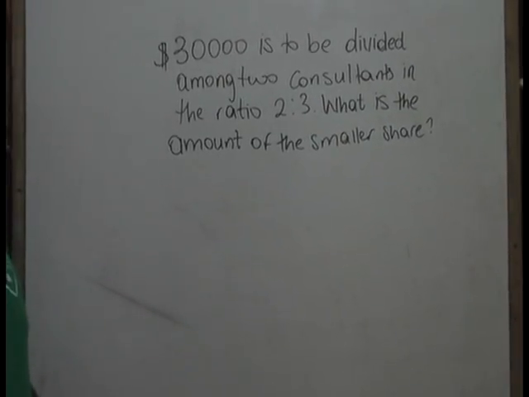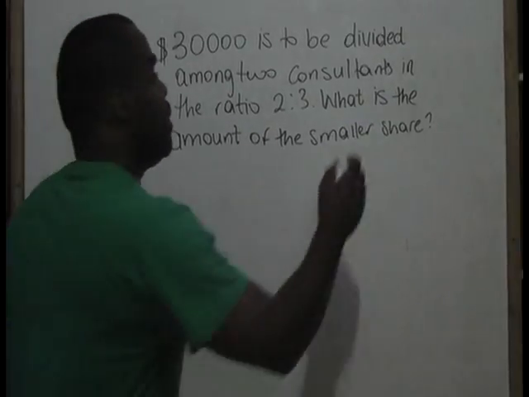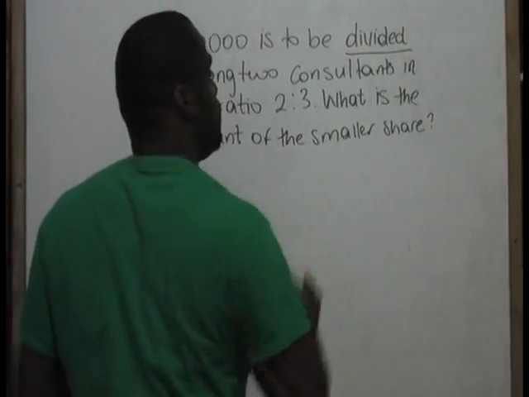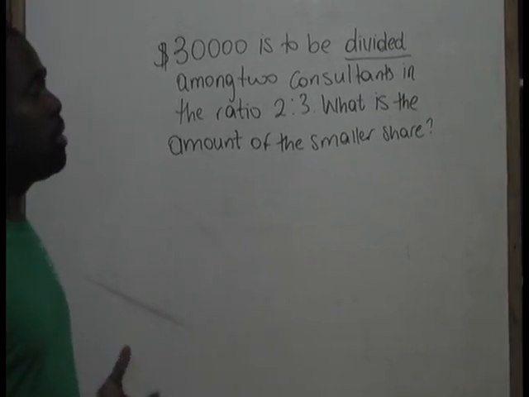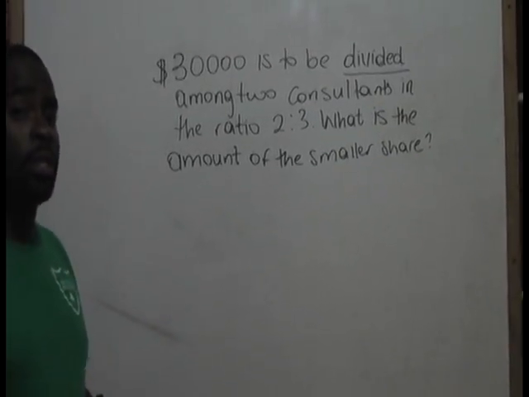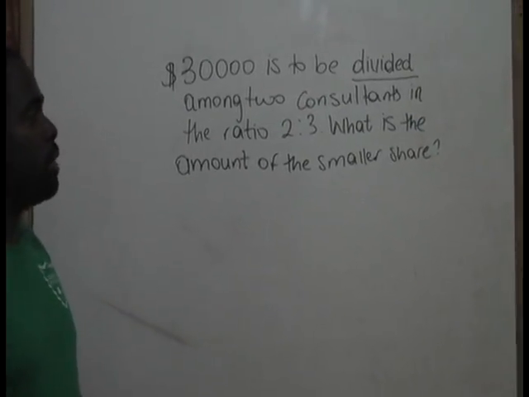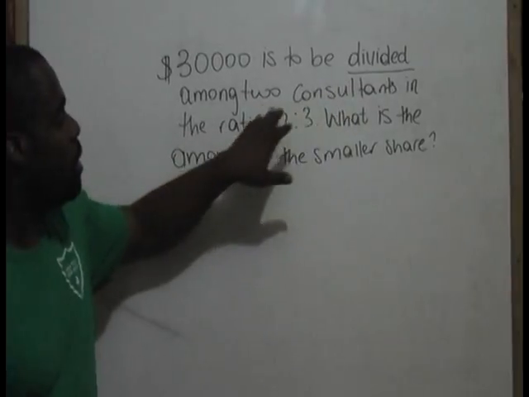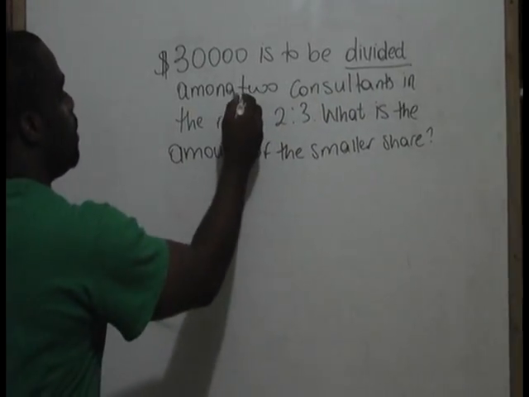problem. There are some familiar terms that you know in the problem. It is divided. You know what divided means, to divide, right? The first thing you're supposed to do is look for terms that you're familiar with. Okay, divided. Now how many consultants do we have? 2 consultants.